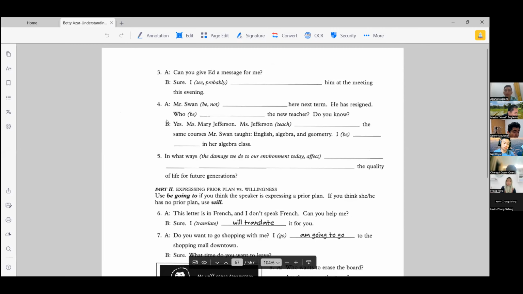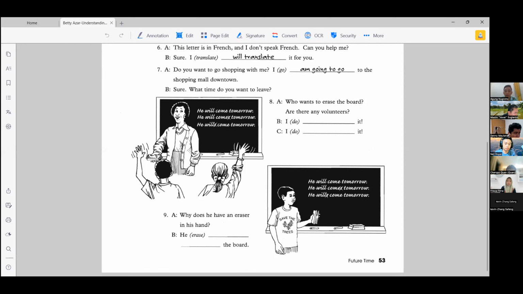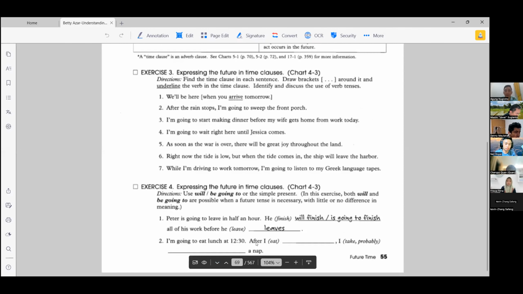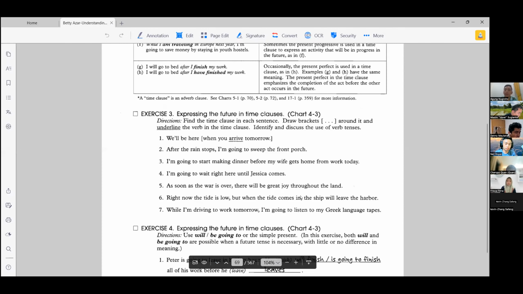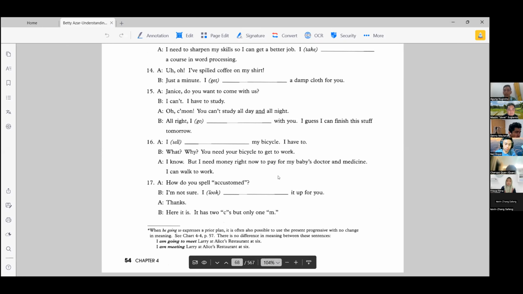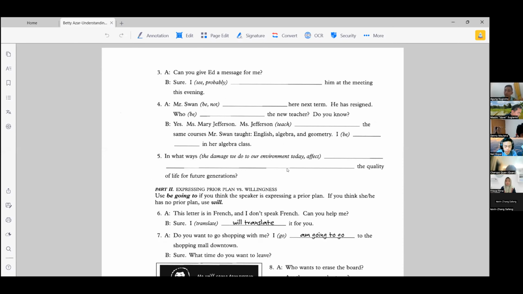And then part 2, number 7 up to number 17 actually. So there are 17 numbers in exercise 2, and you will be given 15 minutes. All right. And then after 15 minutes, we'll come back to this class, to the main room, and we'll discuss your answers.